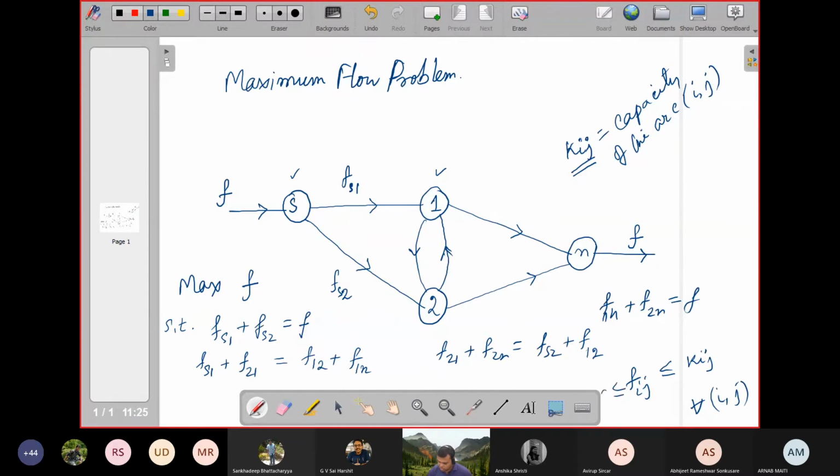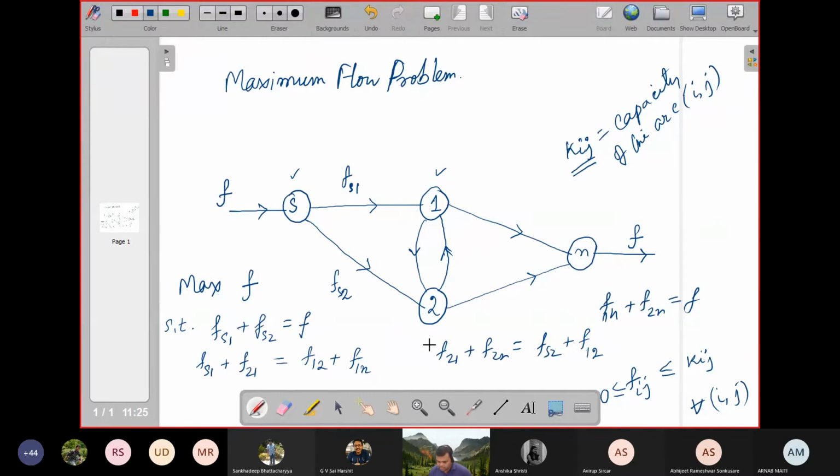And it should be greater than or equal to 0 also, because flow cannot be negative, right? So this is another constraint, called capacity constraints. Okay. So now if you solve this LP, you will get the solution.